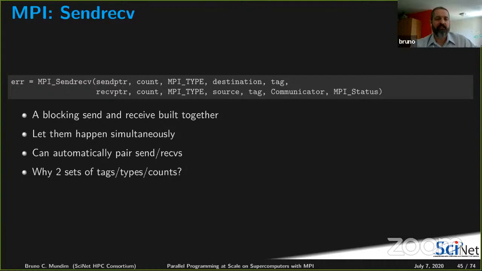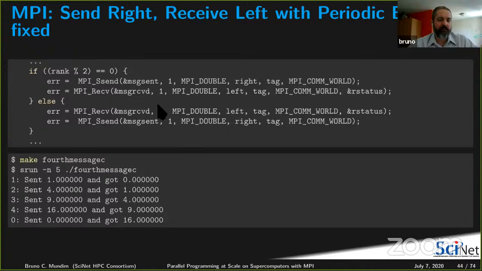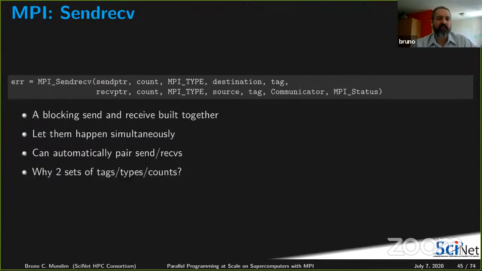It's excellent to use send receive because in this way you avoid having to come up with solutions to make sure that the send and receive are paired, avoiding deadlocks. So MPI send receive puts them together in one command, in one line. It is a blocking send receive, but they are guaranteed to match.